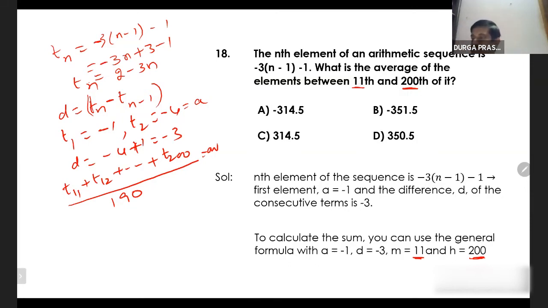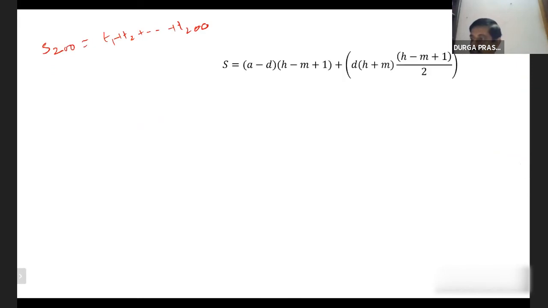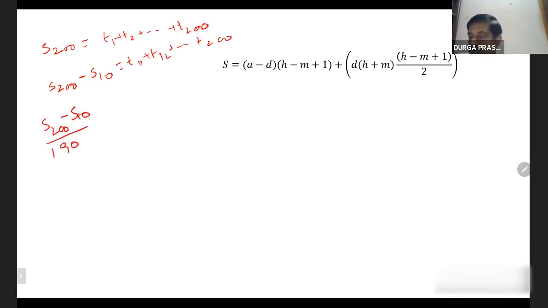That is the average of the elements, right? So I should take S200 minus S10, which will give the sum of all the terms from T11 to T200. So I should find out S200 minus S10, divided by 190. This is what I need to find out.